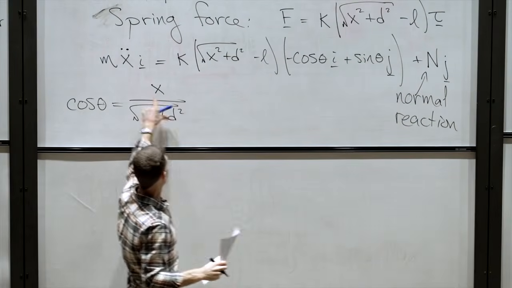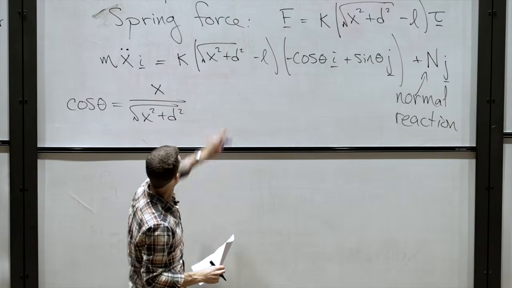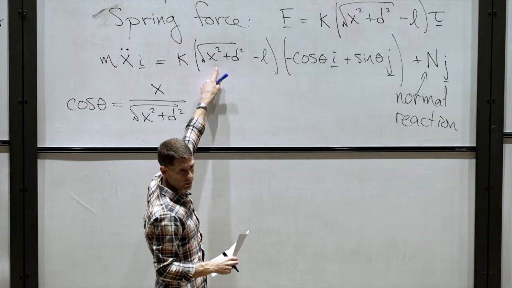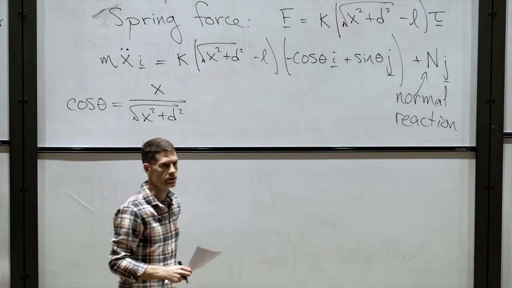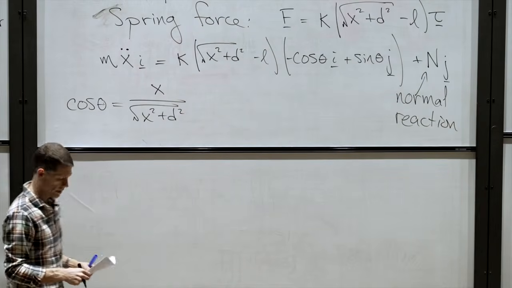So therefore, I can stick that in here, and I've got a root x squared plus d squared there, which is going to multiply. That looks all right. This doesn't look as nice because it's just minus an L multiplying that.